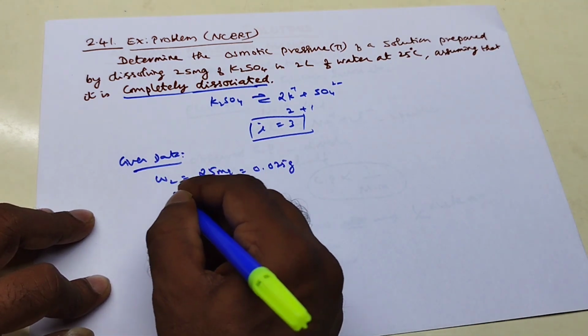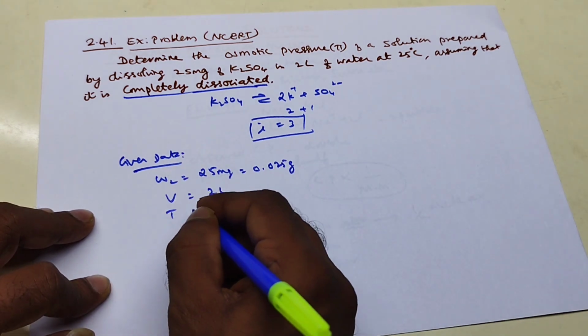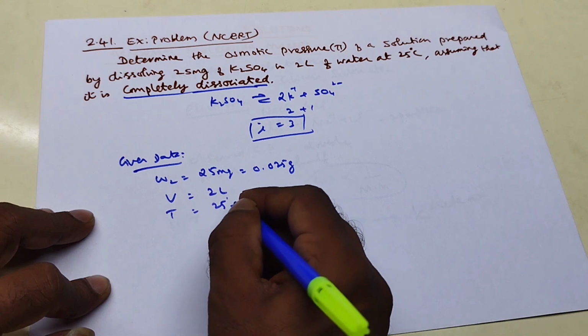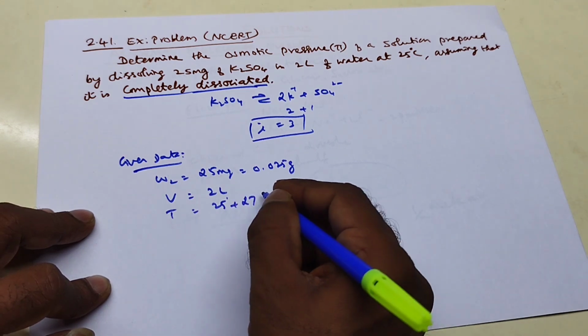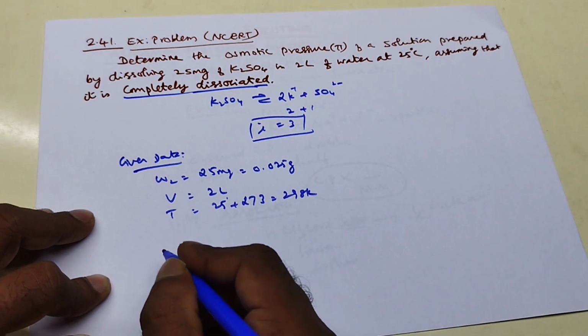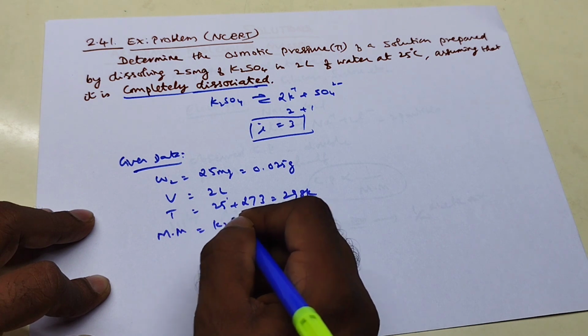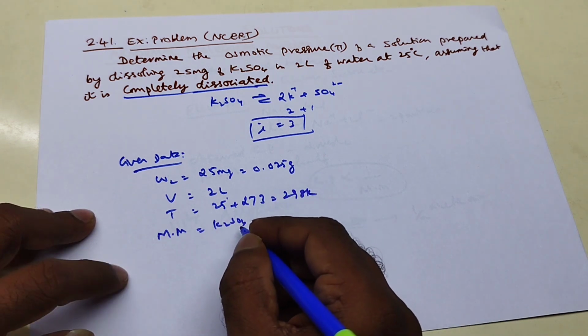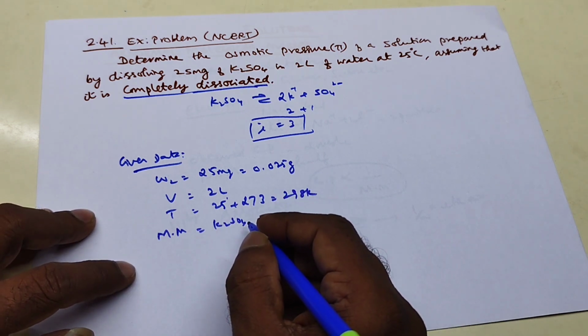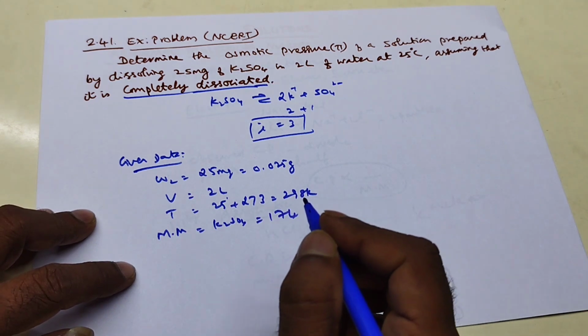The volume is given as 2 liters, and the temperature is 25 degrees centigrade, so you convert it to the Kelvin scale by adding 273, which is 298 Kelvin. The molecular mass of K2SO4: for K it is 39, sulfur is 32 and oxygen is 16 into 4. If we add all these, we get 174.